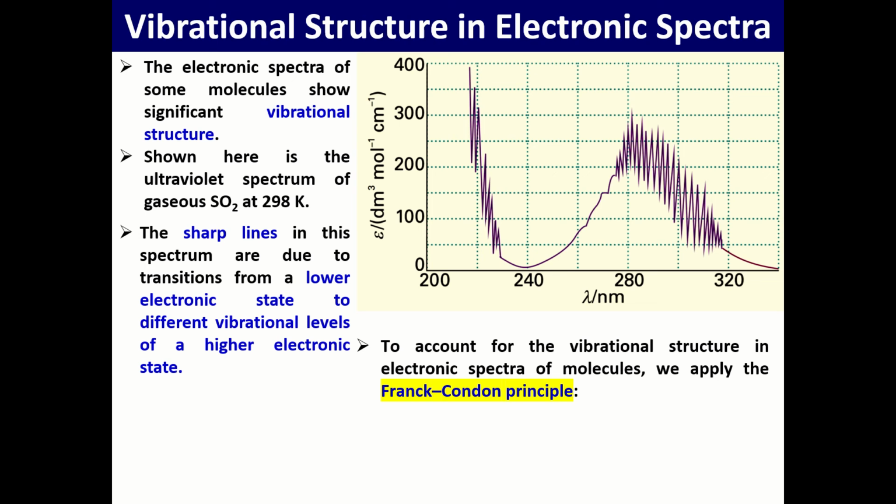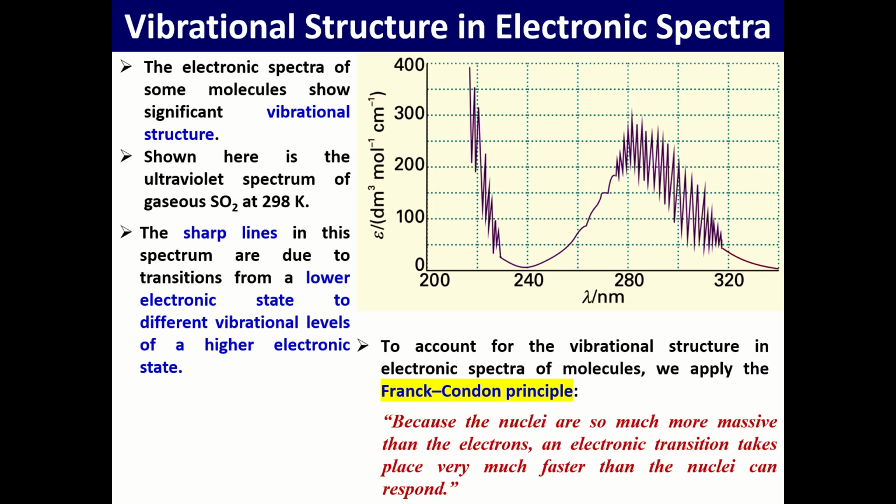To understand this we have to take into account a principle called the Franck-Condon principle, and that is applied while explaining these fine structures. What it tells us is that the molecule is vibrating, and at the same time a photon comes and is absorbed.